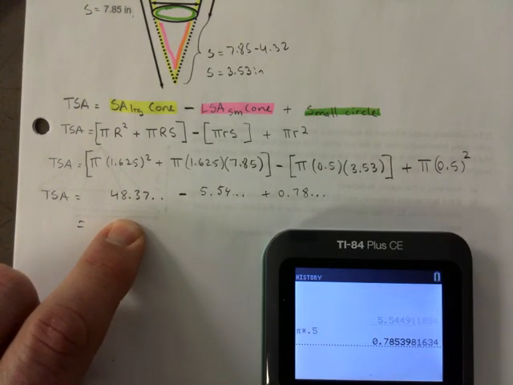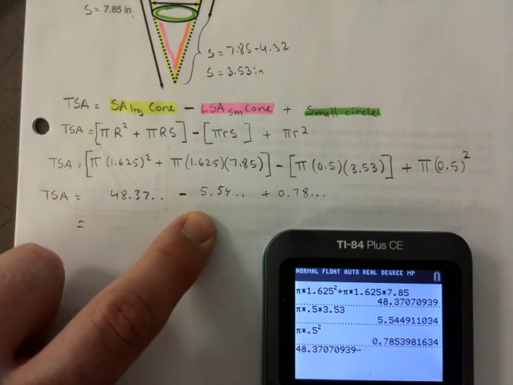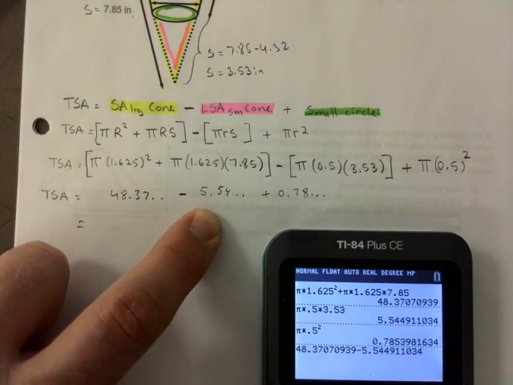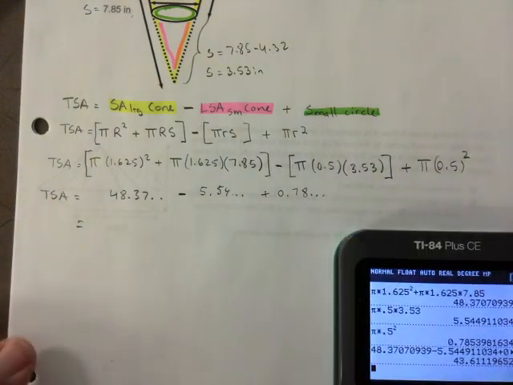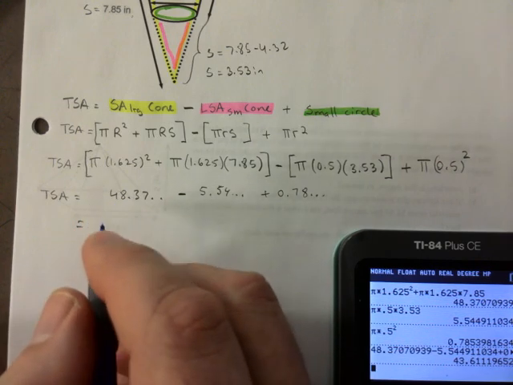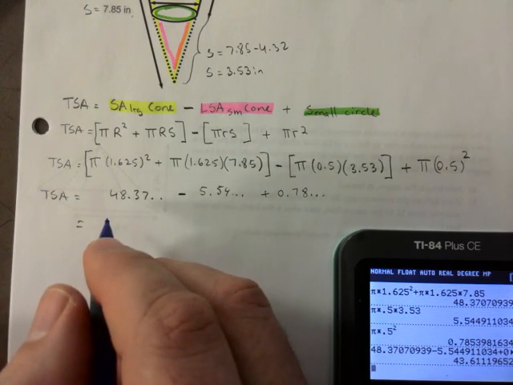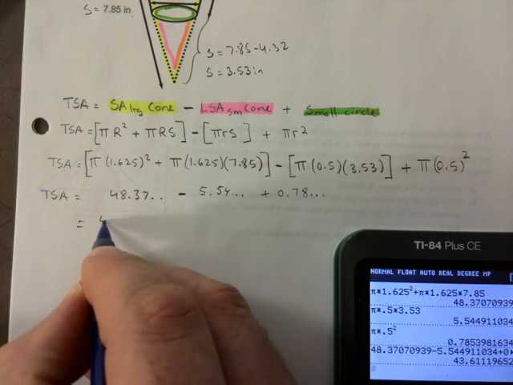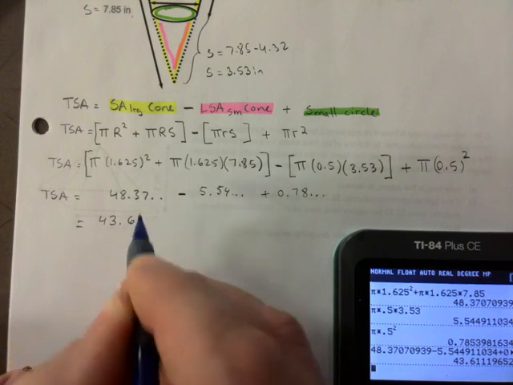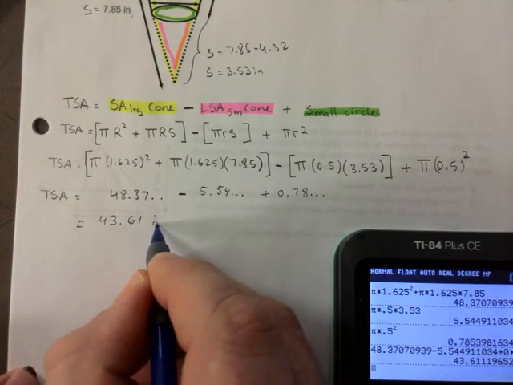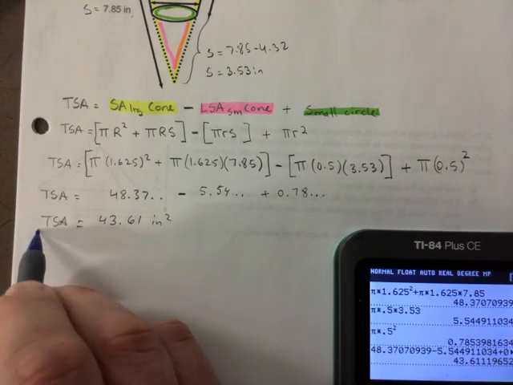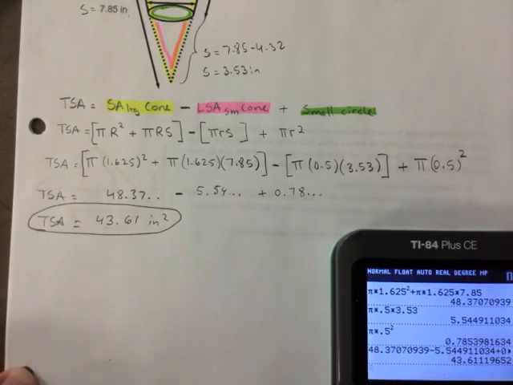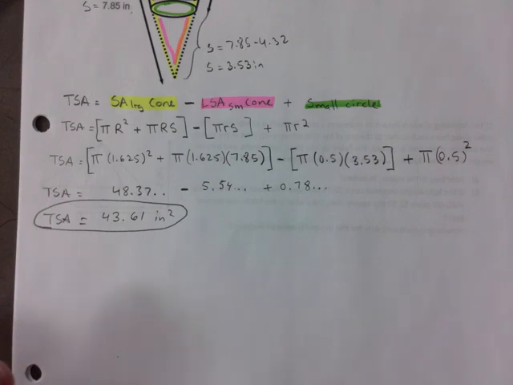So I'm going to go plus that minus that plus that, and you get 43.61 square inches. So that's the total surface area for that truncated cone.